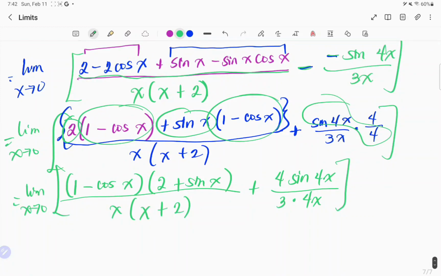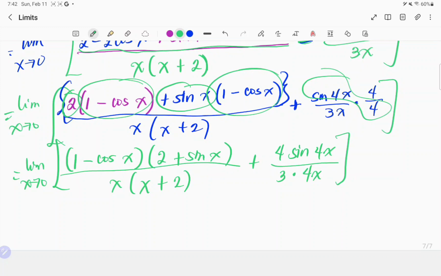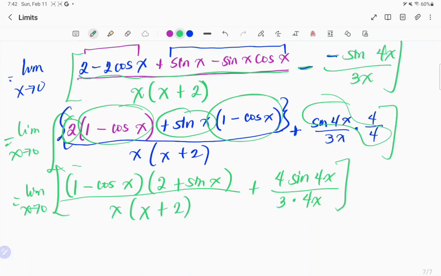So let's simplify this further. I think the limit of this is equal to 0, and the limit of this is equal to 1.